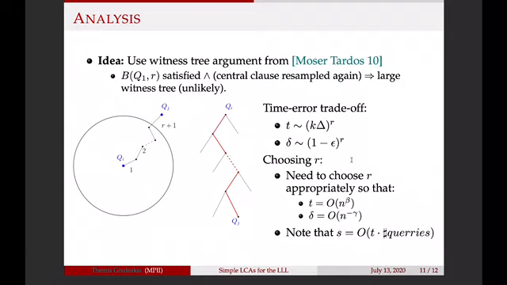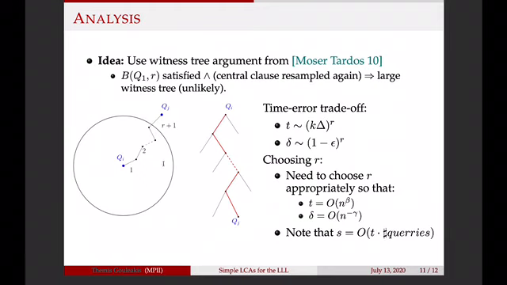However, if that happened, it would imply the existence of a path of closed resamplings that has length at least r, as you can see in this picture. So suppose that q1 is a query that the algorithm needs to answer at some point. We would like to bound the probability that after producing an output for this query, the algorithm will ever go back and resample this particular variable.